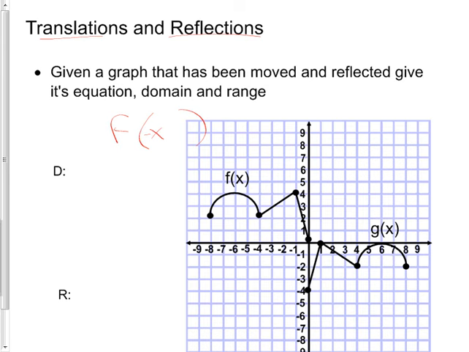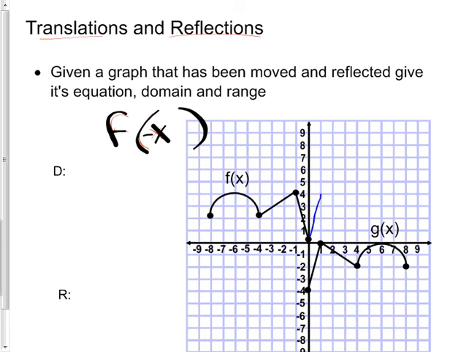I'm going to draw this with a darker marker here. So first, if you flip it, I hope you get that it looks something like this after you flip it.